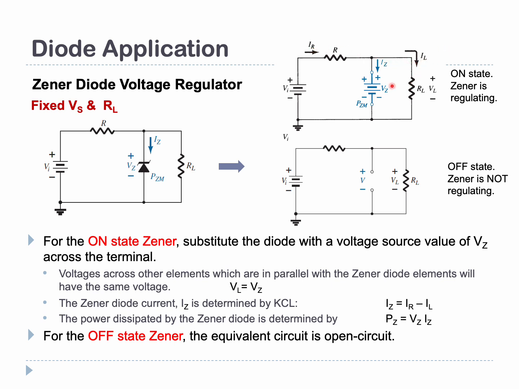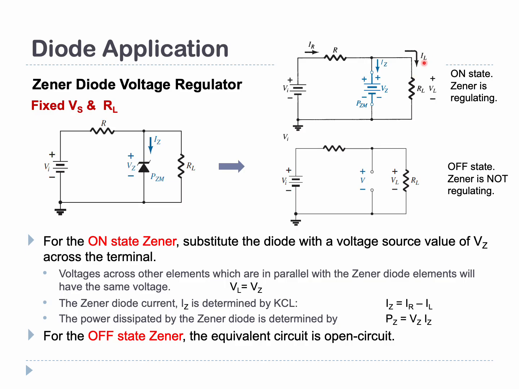Since we know that if the zener is turning on, the voltage across RL, which is the VL voltage, will be equal to the zener voltage. So if we know the value of voltage, and the value of RL is also provided to us, we can find the value of the load current.